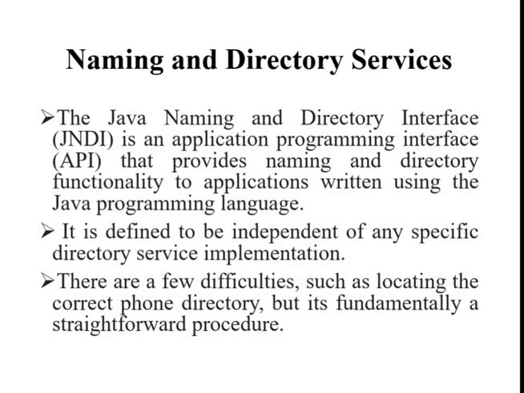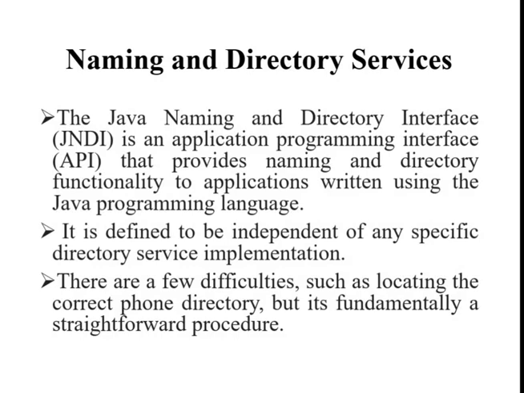Then what are the benefits of using naming or directory services? Naming services are an essential technique for separating the provider of a service from the service client. A naming service allows a service provider to register their product with a name. To use the service, users or clients just need to know the name of the service.